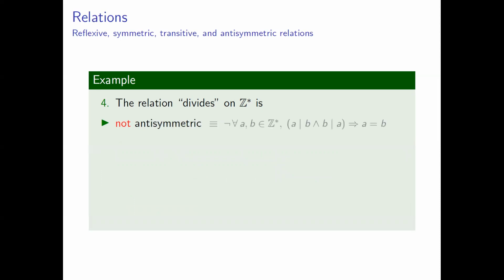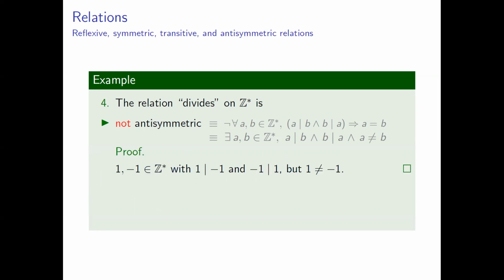It is not antisymmetric. That is, it is not the case that for any non-zero integers a and b, if a divides b and b divides a, then a is equal to b. Equivalently, there exist non-zero integers a and b such that a divides b and b divides a, but a is not equal to b.